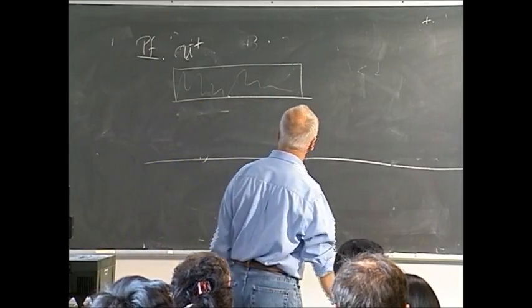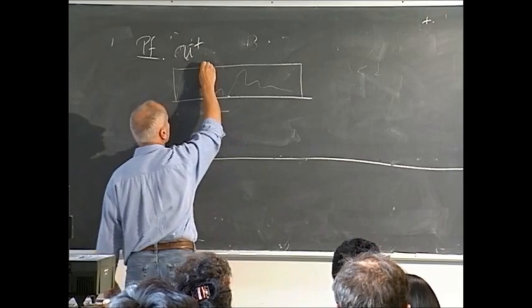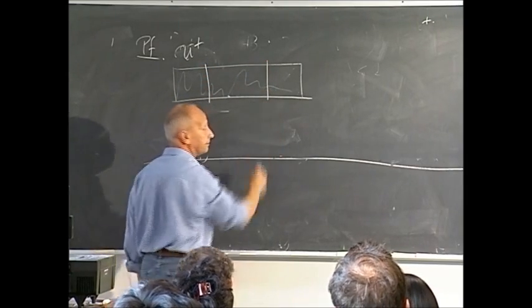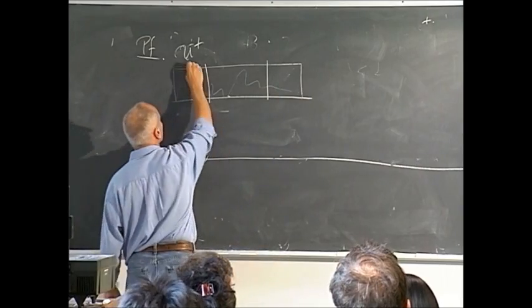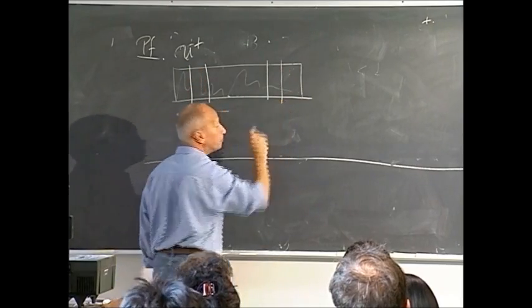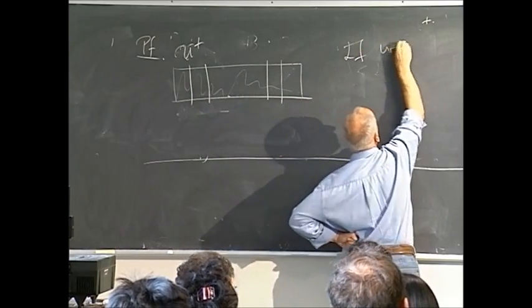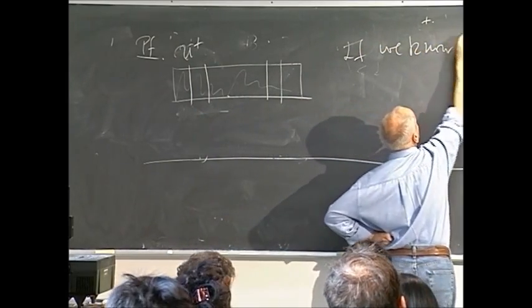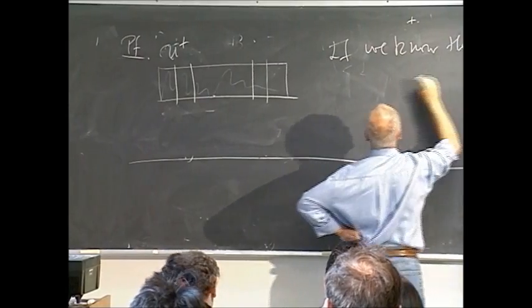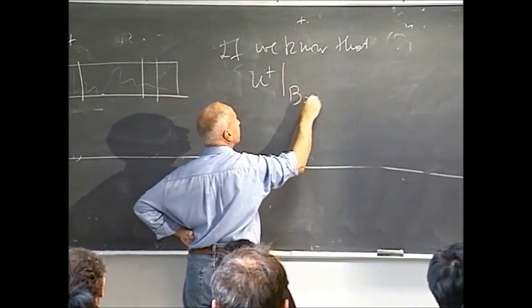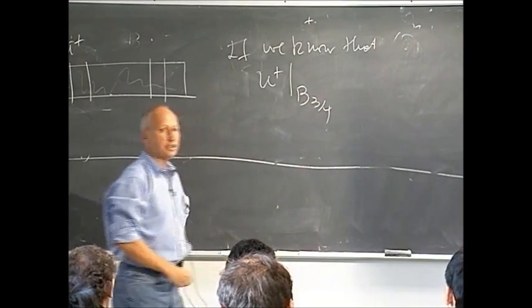Now, suppose that for some reason I know that u plus restricted to the ball of radius, let's say 3/4, is very small.